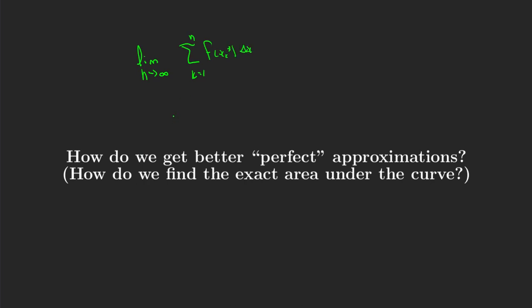And notice if we do this, delta x gets tiny, right? Because delta x is b minus a over n. And if we let n get really big, then this whole thing is going to go to 0. So we have infinitely many, infinitely thin rectangles.